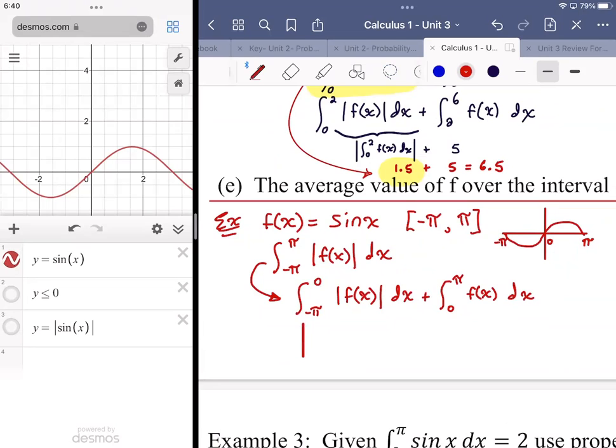I'll show you what it would look like if you just found the antiderivative of f of x dx over the interval from negative pi. You'll see that it gives you a net value of 0, and that would be a problem. So it's the absolute value of this plus this whole other piece the way it is.